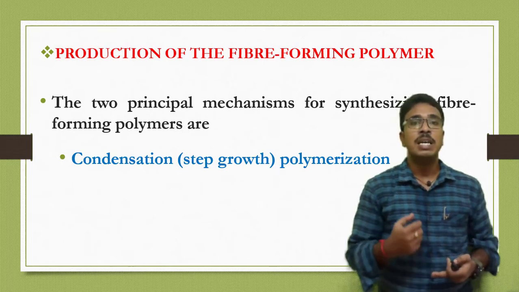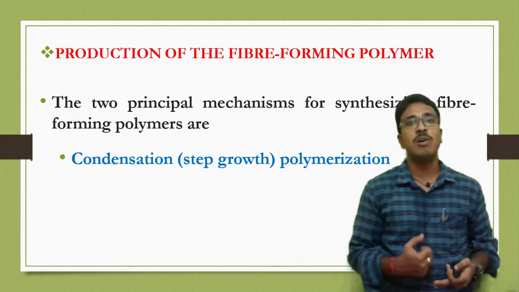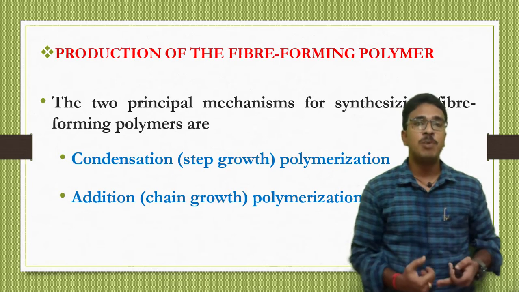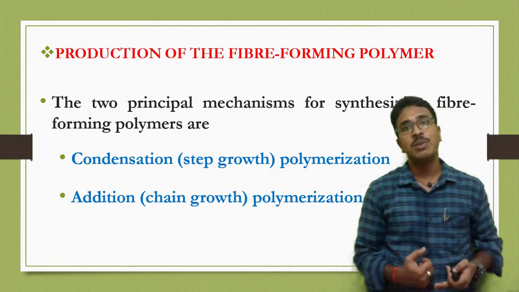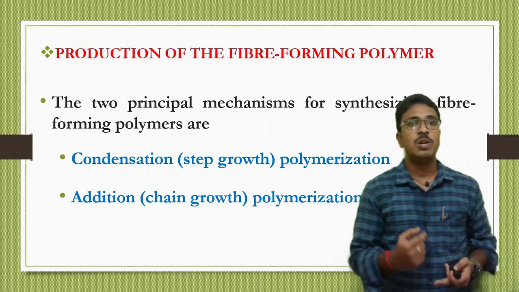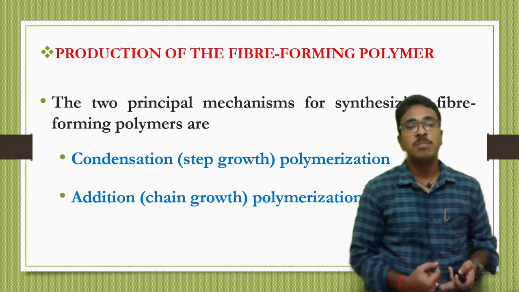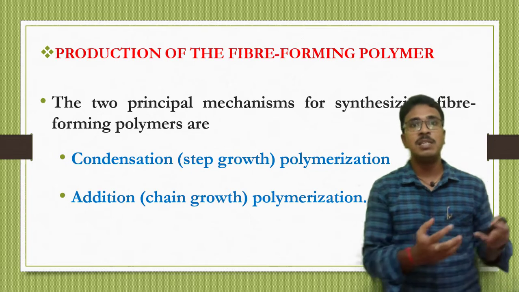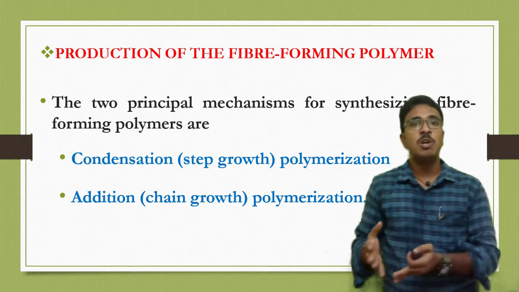The first principal mechanism is condensation polymerization or step growth polymerization. Again I am repeating, condensation polymerization or step growth polymerization, and the second one is addition polymerization or chain growth polymerization. That means the conversion of monomer to polymer.